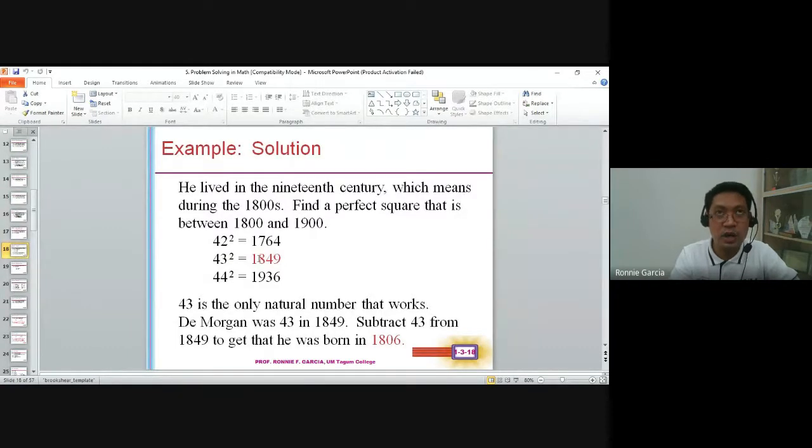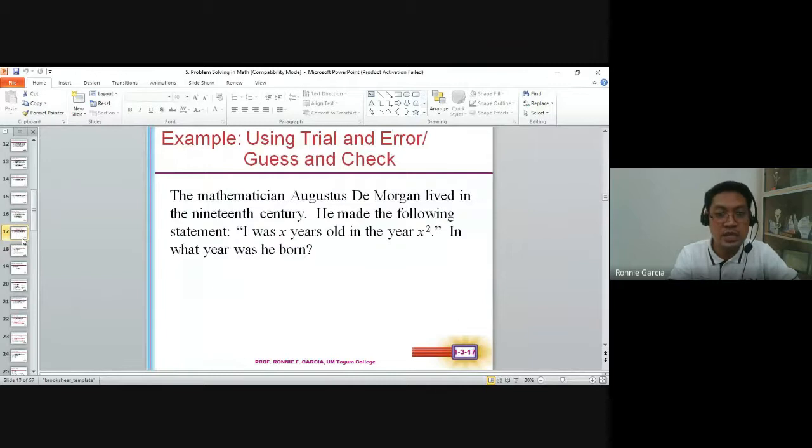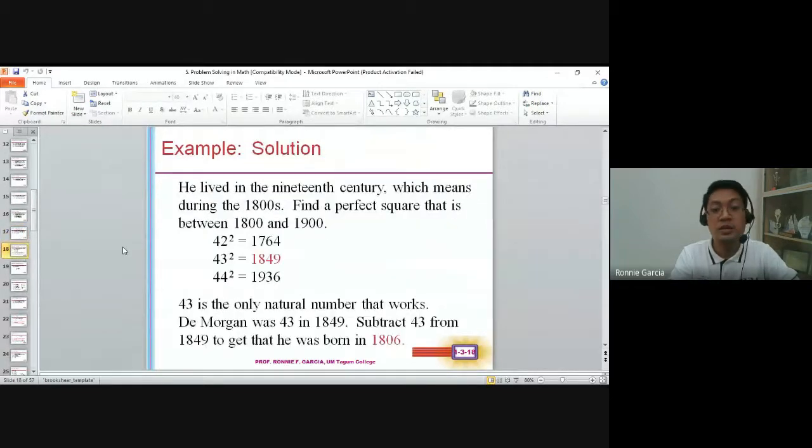The question is, when was he born? Subtract 43 from 1849: 1849 minus 43 is equal to 1806. Therefore, De Morgan was born in 1806. So there is a little guess and check, at the same time using common sense to get the correct answer. Do you have questions?